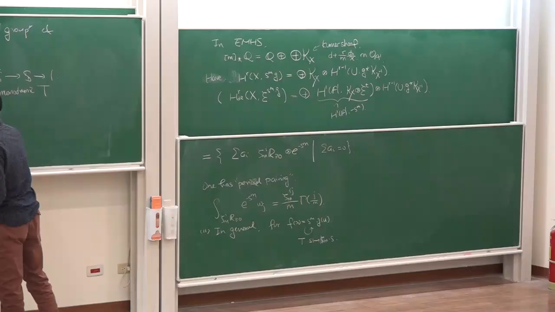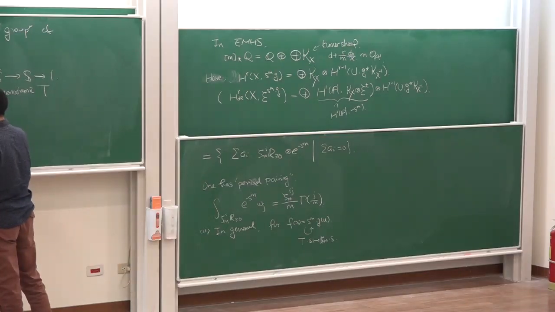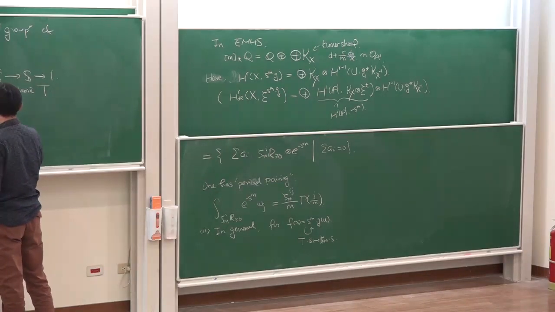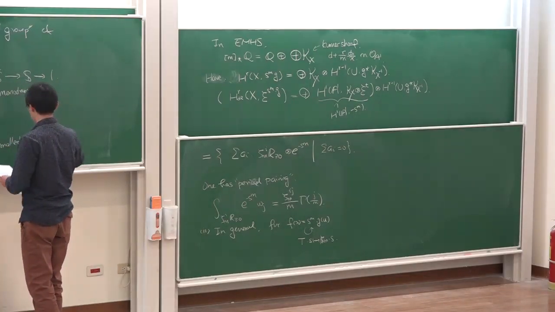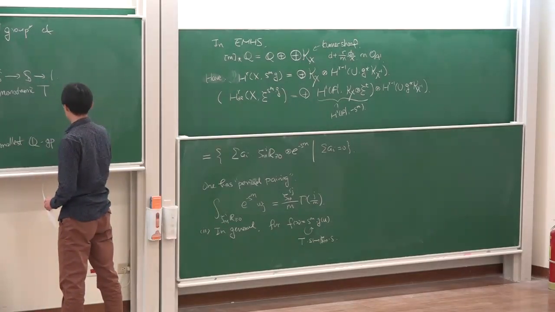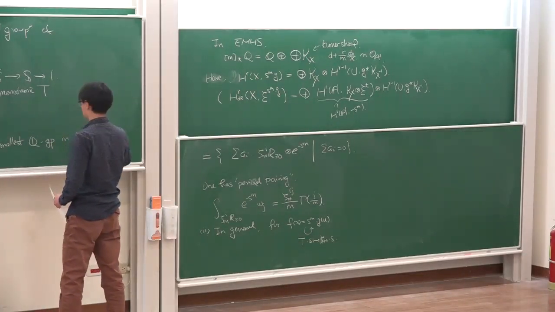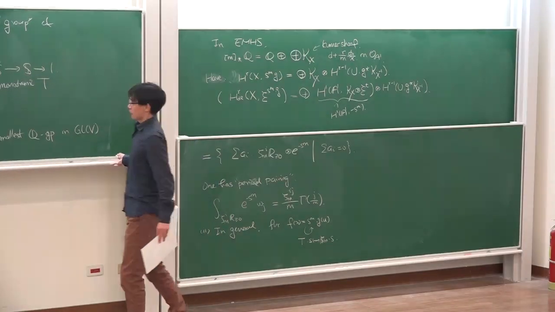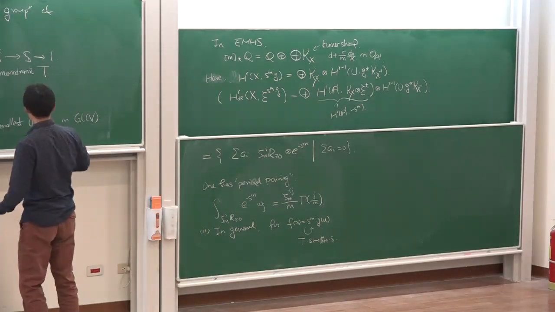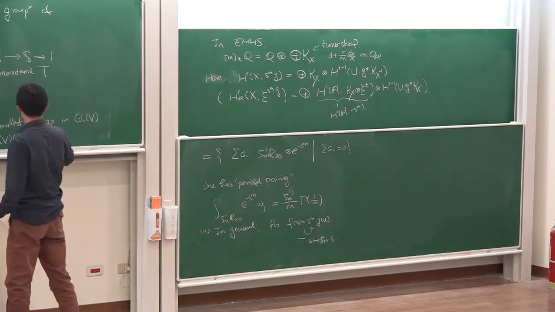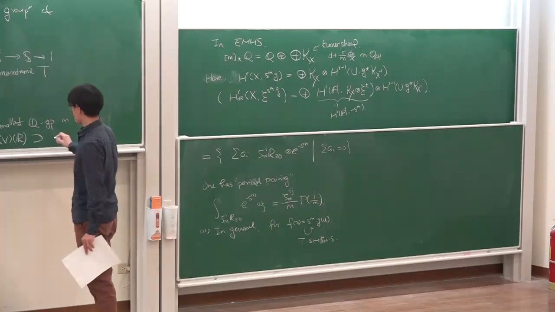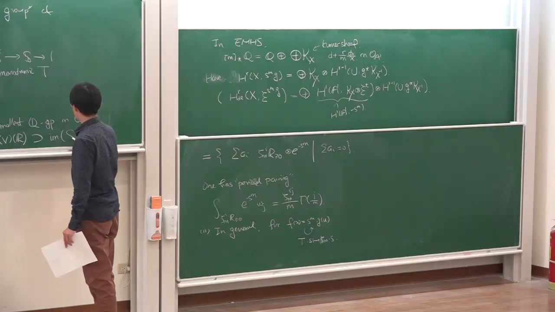It would be the smallest group in GL(V) which preserves the Hodge structure, such that if you consider the R points, it contains the image of this group.